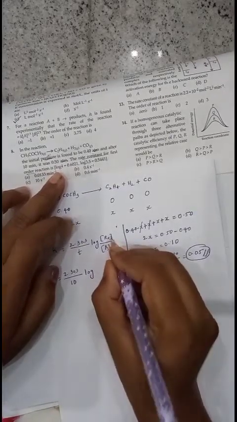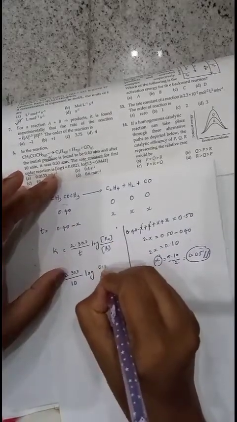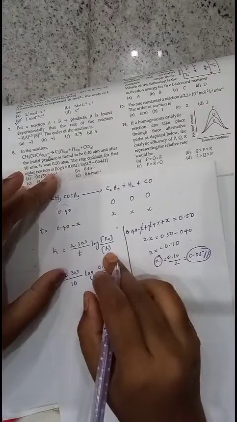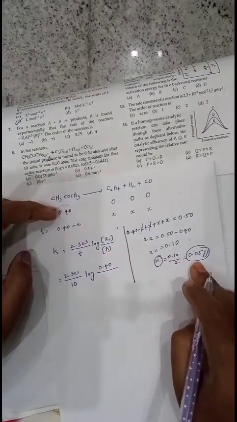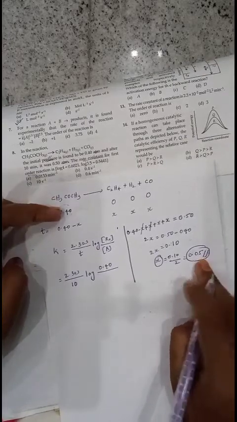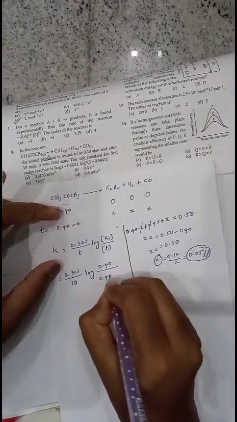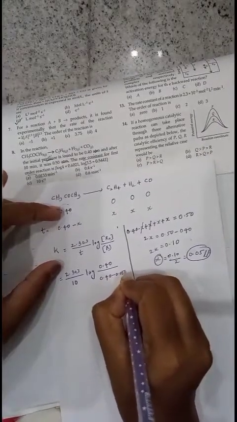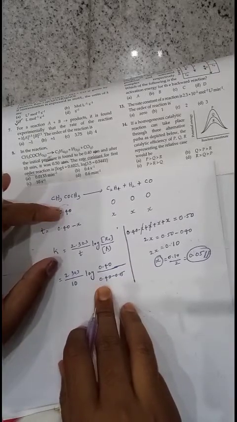R naught is nothing but the initial concentration. What was the initial concentration? 0.40. Substitute here. And R is nothing but the difference between the initial concentration and whatever is consumed. So 0.40 minus 0.05. By subtracting this, you will get that R value.